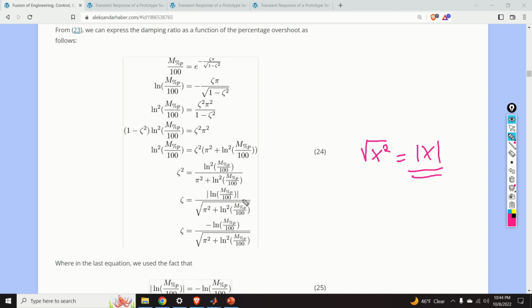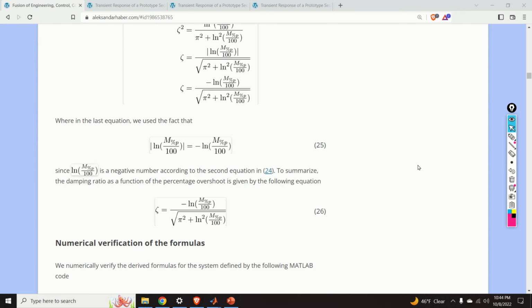By using this rule, we obtain this equation over here, and now here we can basically see that ln of this term over here is a negative function, so consequently we will take a negative sign over here to get rid of the absolute value. And here is our final expression that gives us zeta as a function of the percentage overshoot.